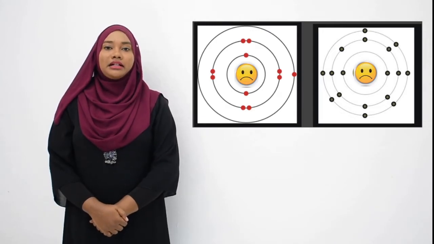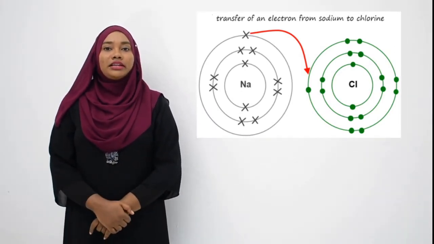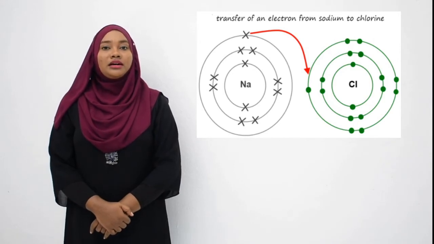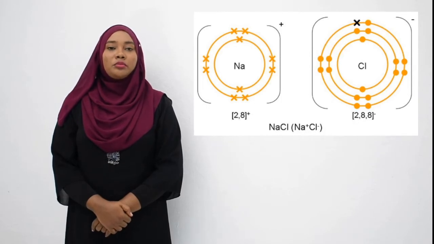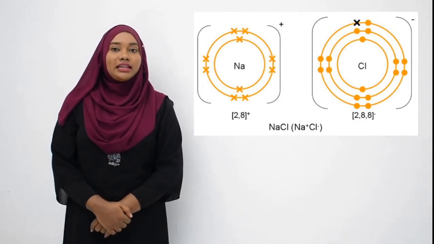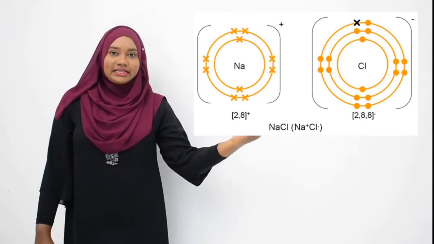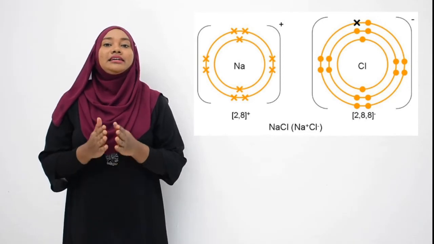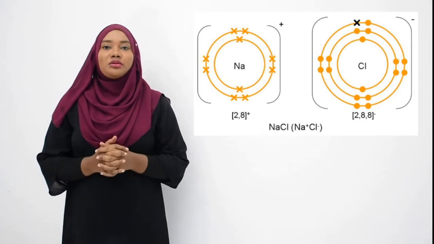During that chemical reaction, the sodium atom will transfer its valence electron to the chlorine atom. So, sodium will form a positive ion and chlorine will form a negative ion. Sodium ion is the cation and chloride ion is an anion, right? So, when these two atoms react, an ionic compound will be formed with stable happy ions.